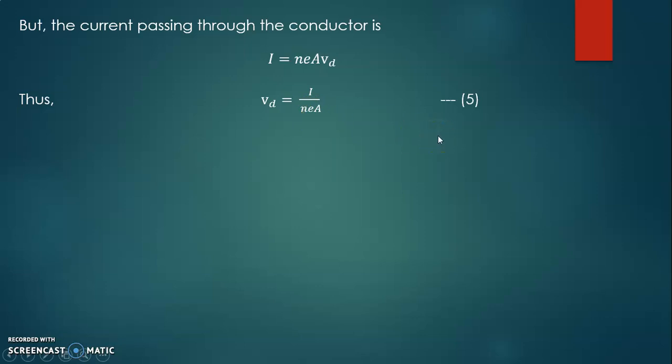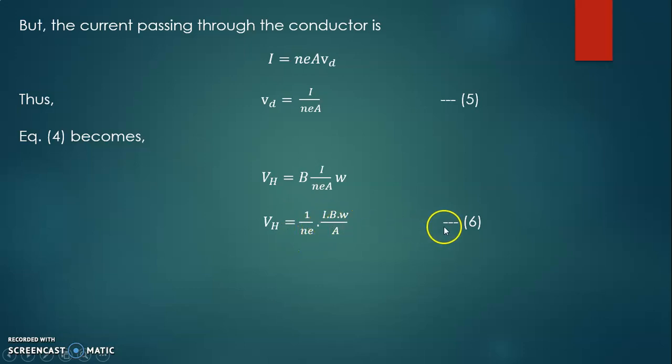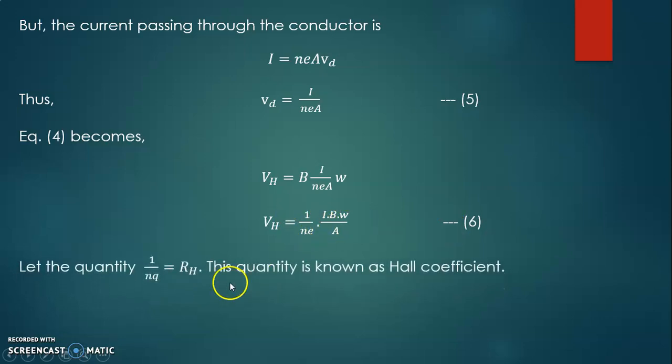Let's call this equation number 5. From equation 5 we can write equation 4 as VH is equal to B into I upon N e A into W. Taking this N e separately, we write 1 upon N e into the remaining part as equation number 6. This 1 upon N e is a new constant we are considering.